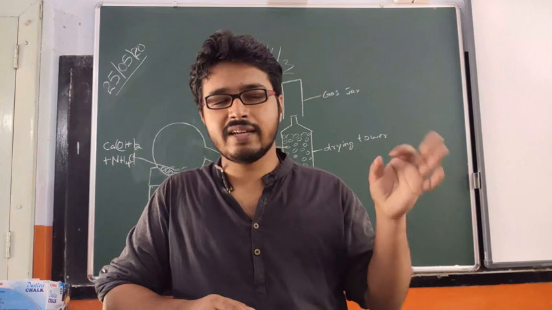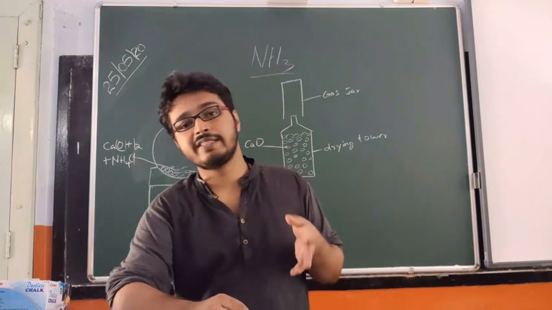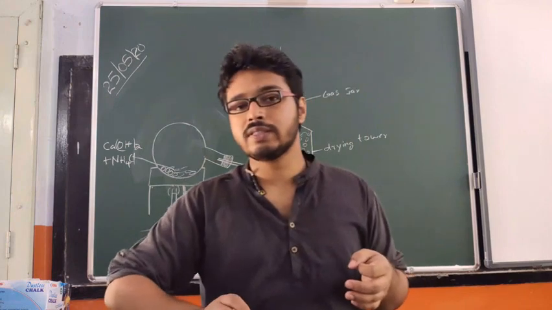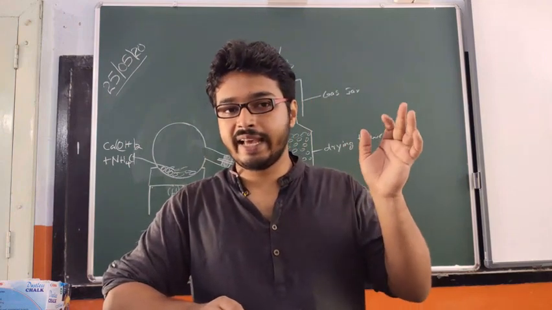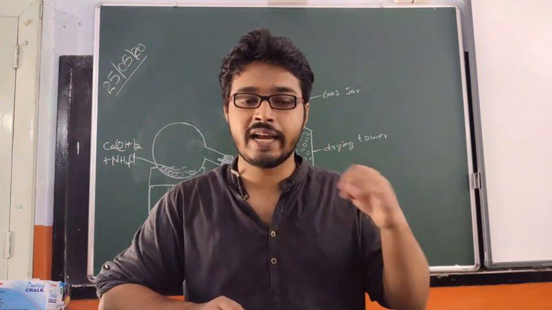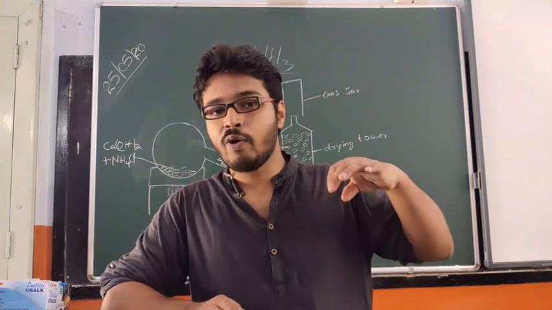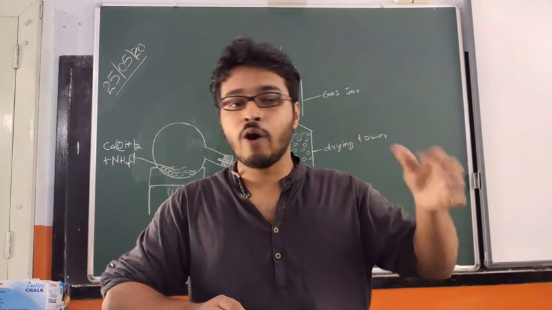Other than the structure of ammonia, you also need to know that ammonia is one of the polar covalent compounds. So it has a slight positive charge on the hydrogen and a slight negative charge on nitrogen. Other than that, ammonia possesses a lone pair.